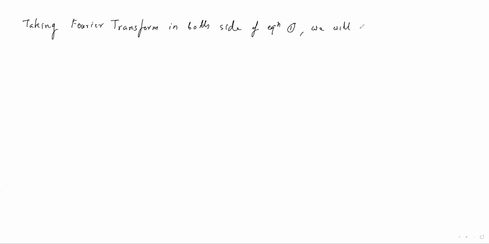So now we have to take the Fourier transform on both sides. What will we get? We will get X delta(omega), and we have to take the Fourier transform of the multiplication x(t) times delta Ts(t).